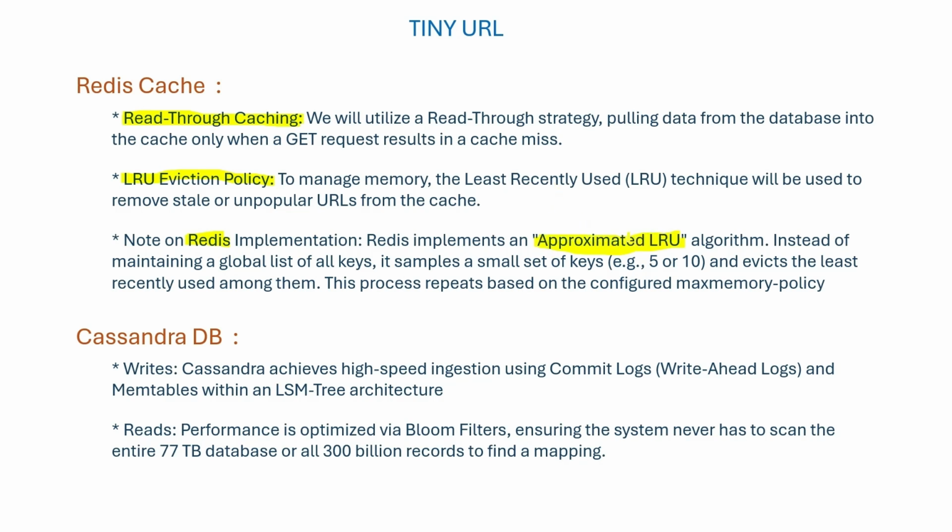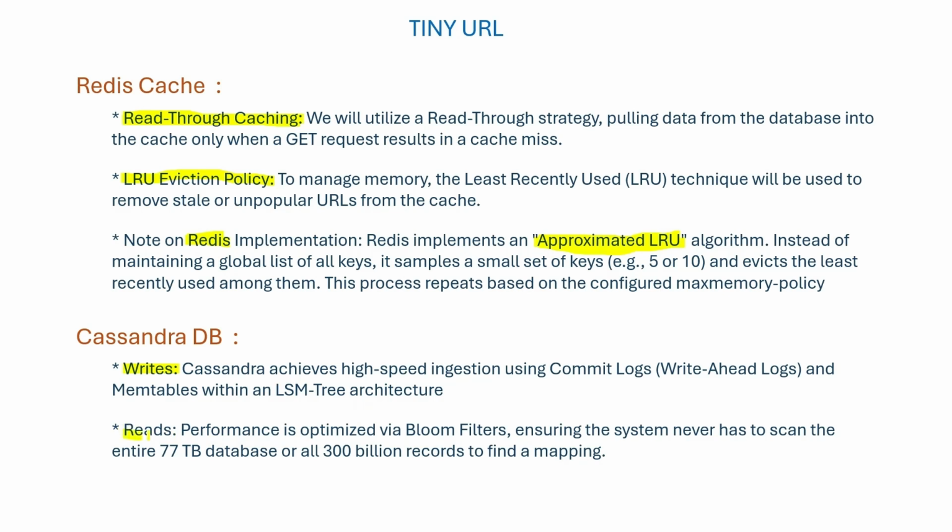And about Cassandra DB, when it comes to writes, Cassandra would be able to achieve high-speed ingestion using commit logs, write-ahead logs, and mem tables within an LSM tree architecture. Let us look at this in a separate video, as it would need one.